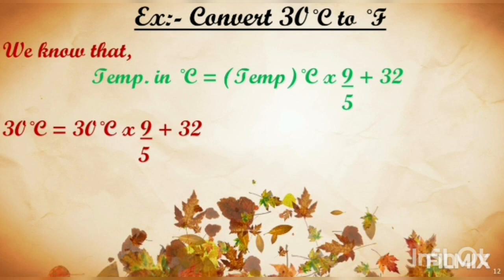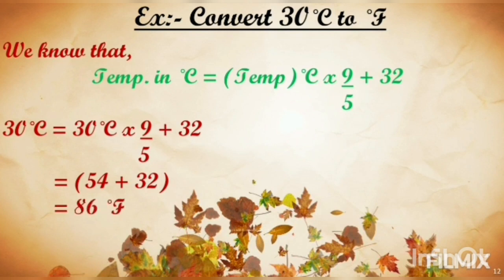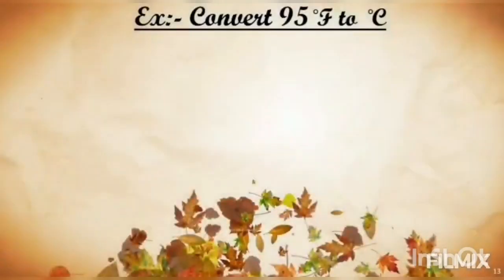Upon simplifying 30 and 5, we get 54 plus 32, which gives the answer 86 degrees Fahrenheit. Isn't it easy?